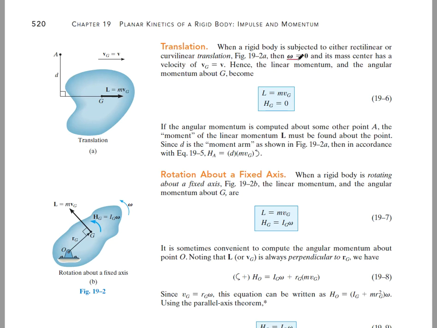So that means that there is no rotation, and there's the velocity v, and every point has the same velocity. So linear momentum of the body will be the mass of the body times the velocity of the center of mass, which could be the velocity of any point really. And then angular momentum about the center of mass is zero because we don't have any rotation.